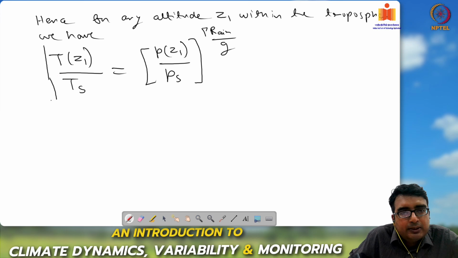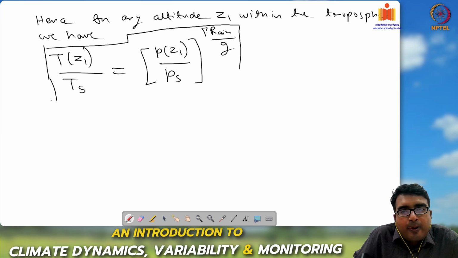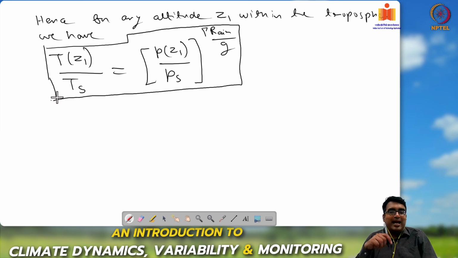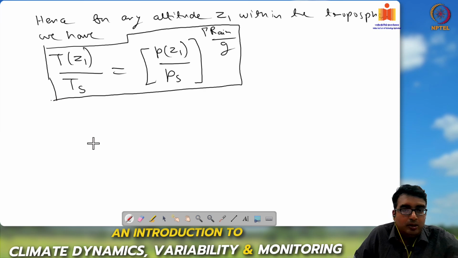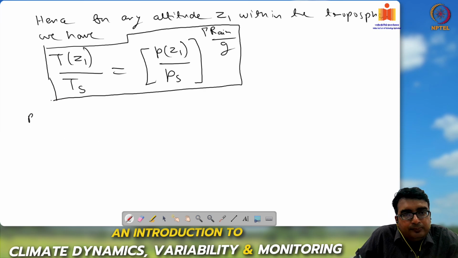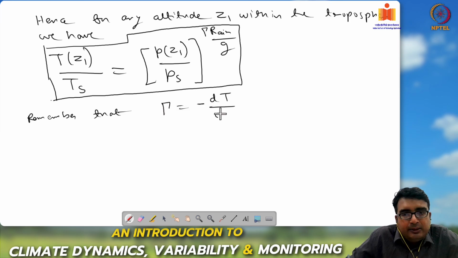So this is an important expression here. Now the next question is, can we simplify this further? All right. So remember that gamma is equal to minus dT/dz.